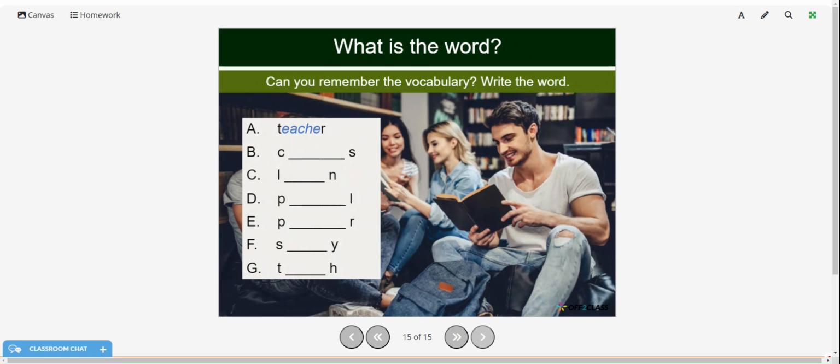All right. Again, see if you can figure out the vocabulary words. So take a few moments, pause the video, and then restart when you're ready to see the answers.